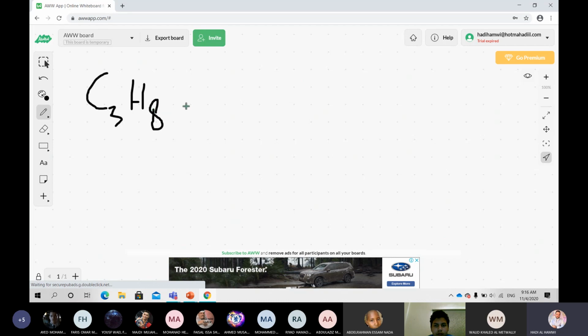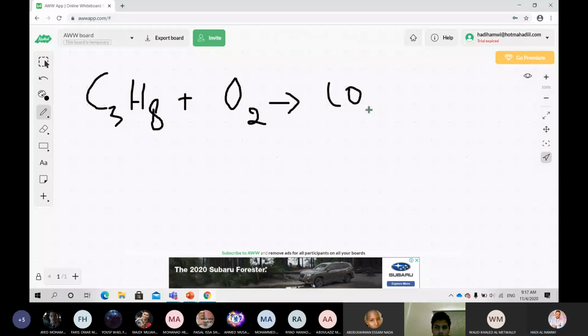When they say combustion, it means it will react with oxygen to give carbon dioxide, CO2, and also water. This is a must. So these 3 will be the same: O2, CO2, and H2O.